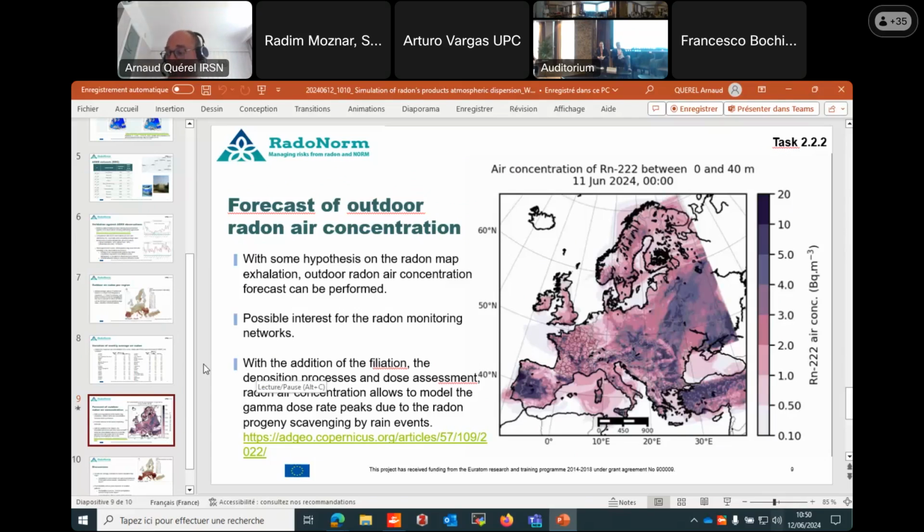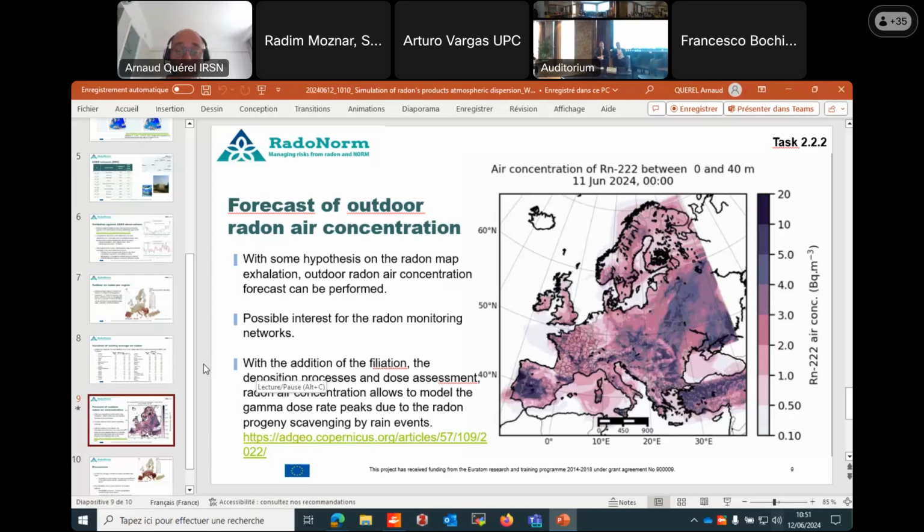Yes, I think it's a tough question. Our modeling could possibly be used to determine the regular air concentration of radon, because of course, if a coming earthquake leads to a very strong increase of outdoor radon air concentration, it will mismatch with the modeling.